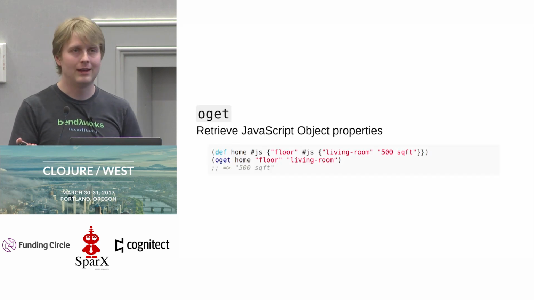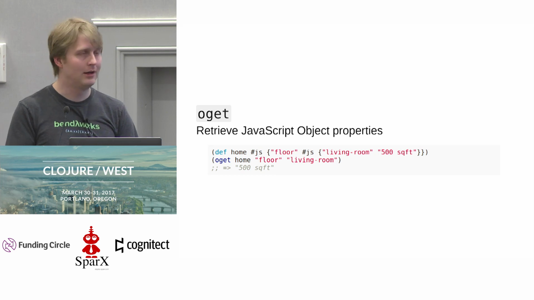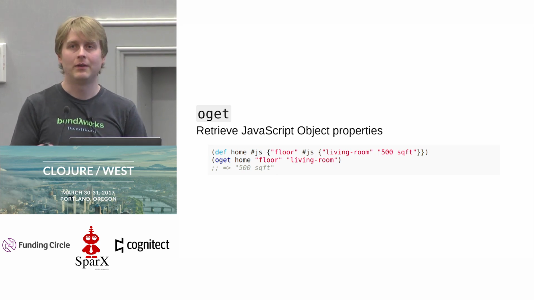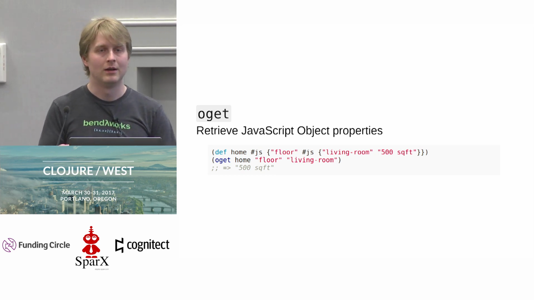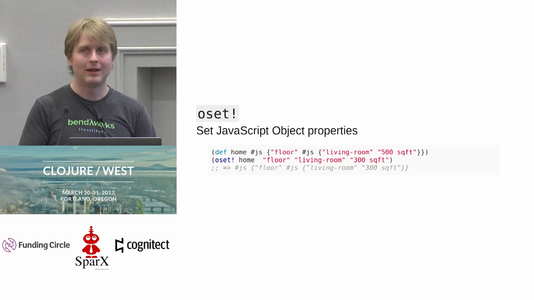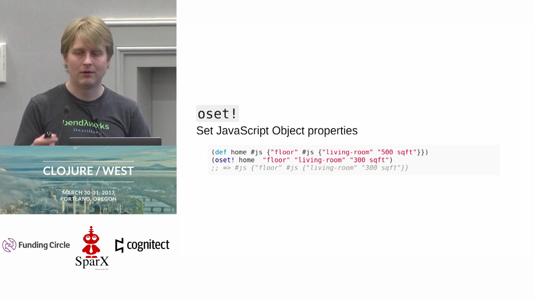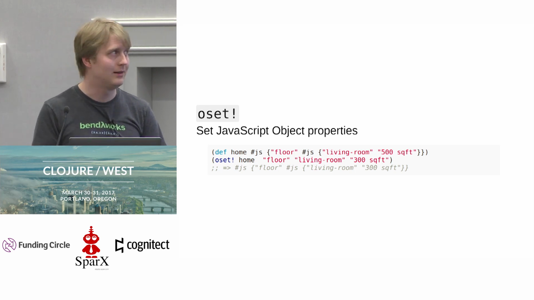There's get, which you can use to retrieve properties from JavaScript objects, like right here. We're retrieving 500 square feet from our house's floor's living room. And then there's set, where we can set JavaScript object properties, like now we're setting the floor of our living room to be 300 square feet.